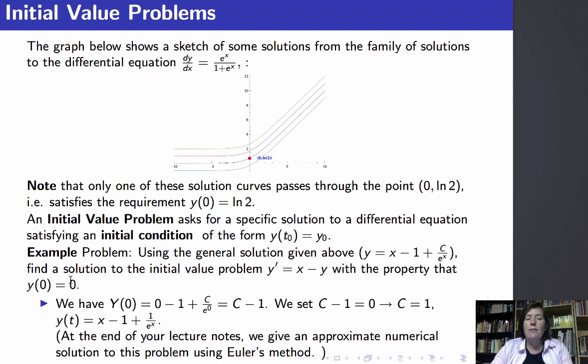But we're looking for that solution where y of 0 is 0, so we must have c minus 1 equals 0, or c equals 1. So our precise solution is given by y of x equals x minus 1 plus 1 over e to the x, and this is the unique solution to this initial value problem.